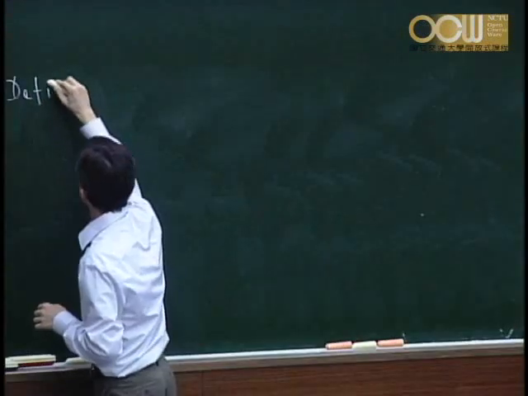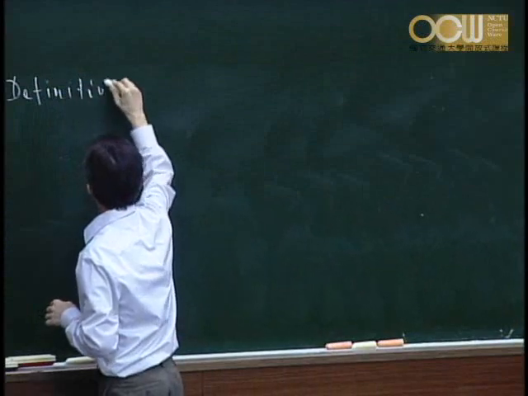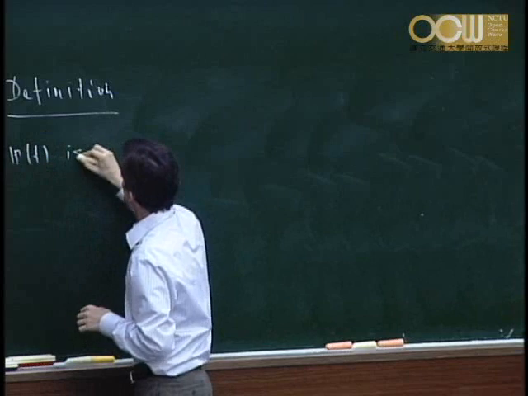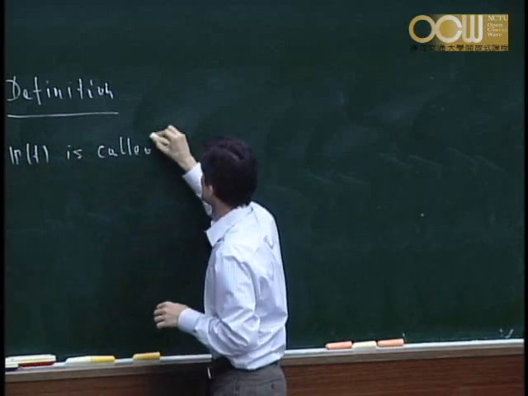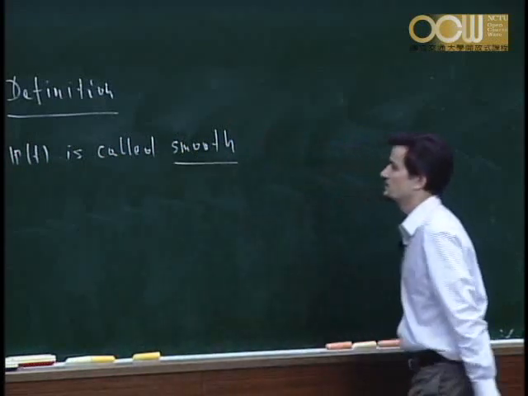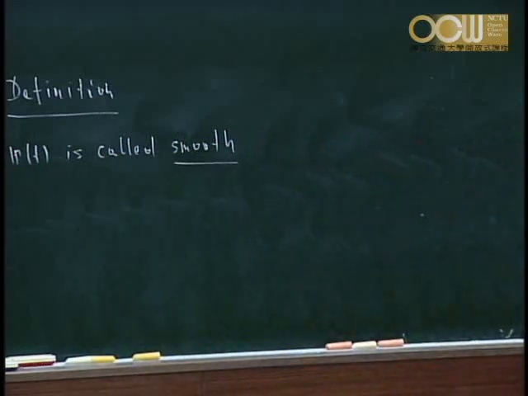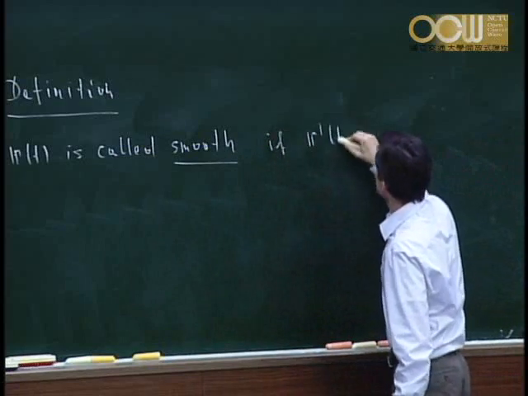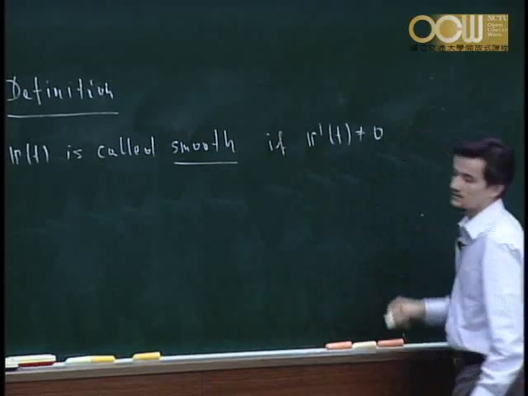You also find this definition, the definition I already mentioned, in our textbook, namely a space curve is called smooth on some interval, on some domain, if the derivative exists and is not equal to 0.